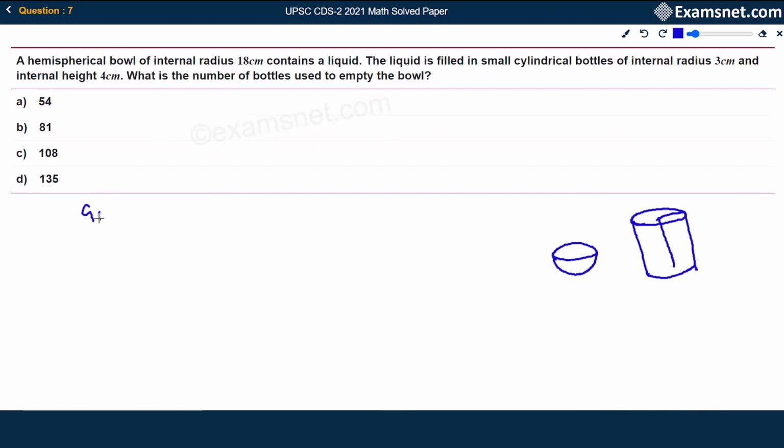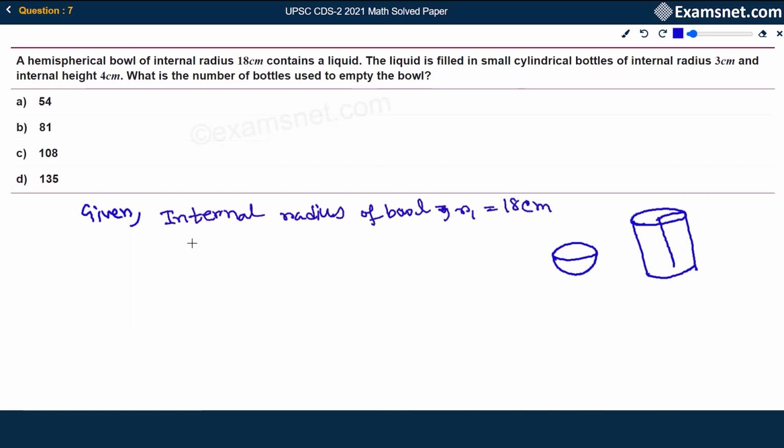So given that internal radius of hemispherical bowl, we can assume it as R1, 18 centimeter.